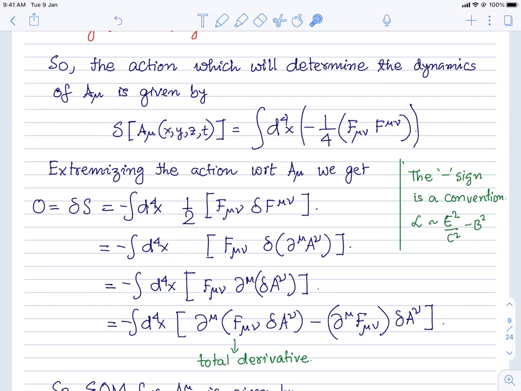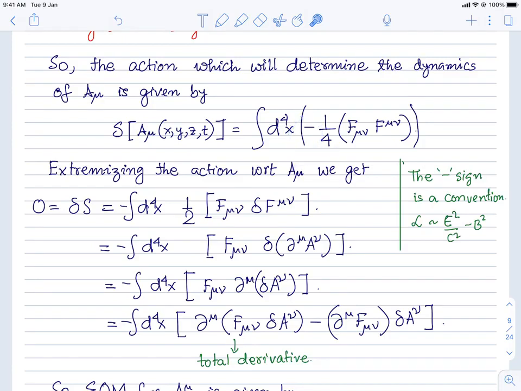Even if you put in a minus sign in your action, your equation of motion would be invariant, right? You get the same equation of motion. But there's a convention we follow that we write it as kinetic energy minus potential energy.